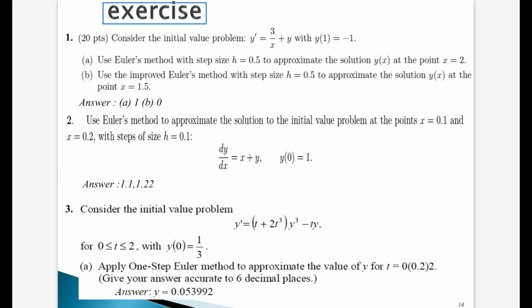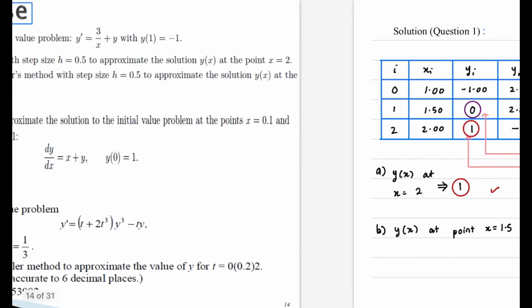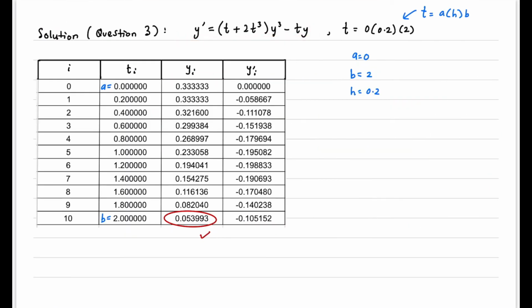Question number 3. Similarly, this is your ODE, your IVP, approximate the value of y for t equal to 0 to 2 with step 0.2. Okay, give your answer accurate to 6 decimal places. This is your ODE, this is your t.